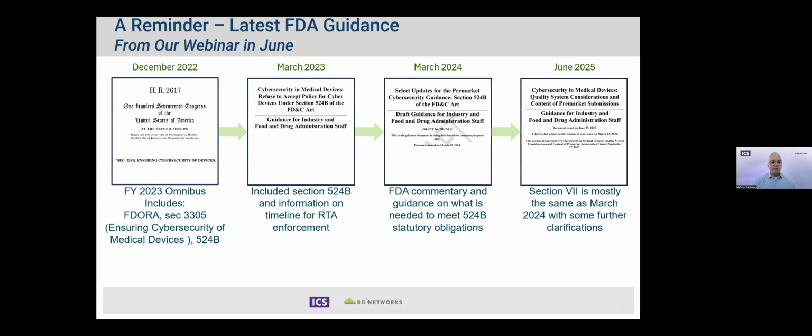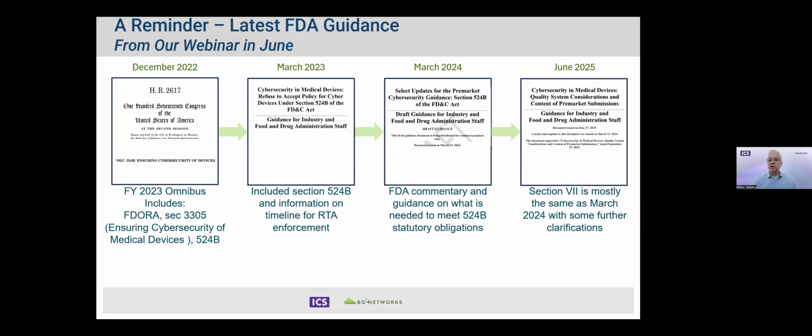A reminder from our webinar in June: the latest FDA guidance came out in June 2025. If you've been paying attention to the evolution here, it's worth mentioning that this last iteration in June was mostly the same as Section 7, with some further clarifications.